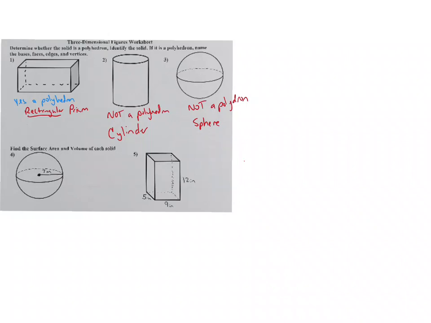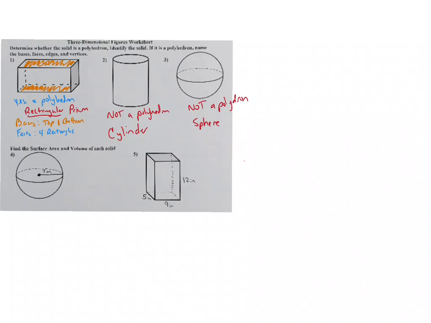The interesting part about a rectangular prism is that I could call these two orange pieces the bases. So I could say the bases are the top and bottom. If I say that the bases are the top and bottom, then that means the faces are the 4 rectangles or parallelograms connecting.